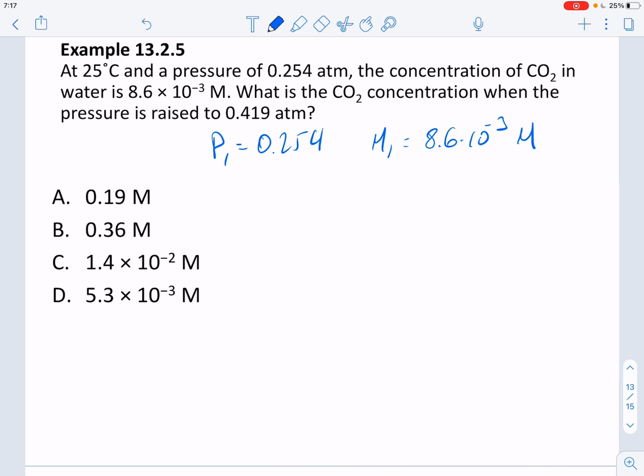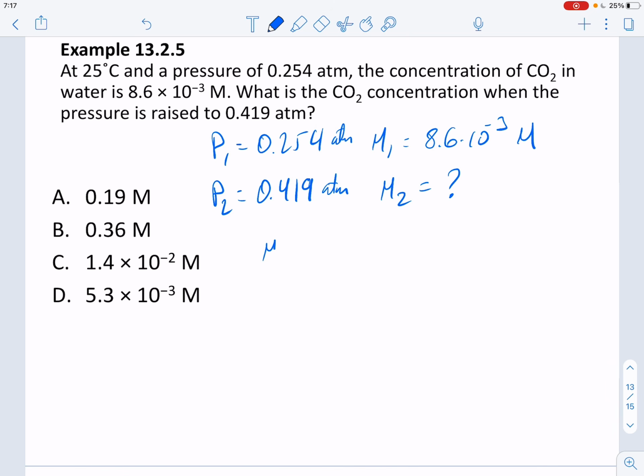Now we want to know what is the concentration of CO2 if the pressure is increased to 4.19 atmospheres. That's pressure 2. So basically the question is, what's the value of M2?